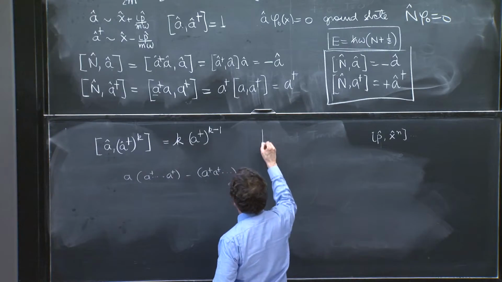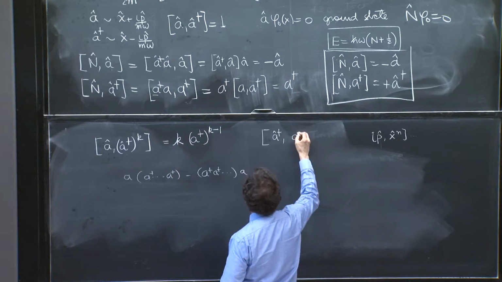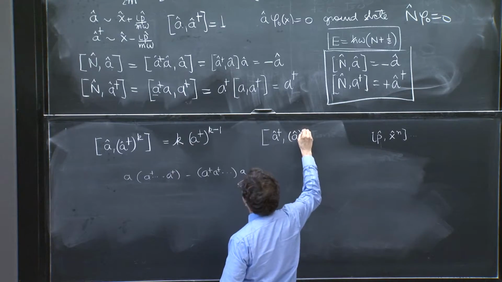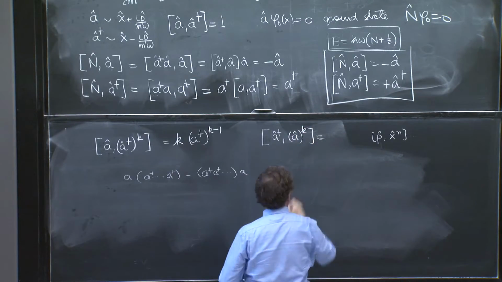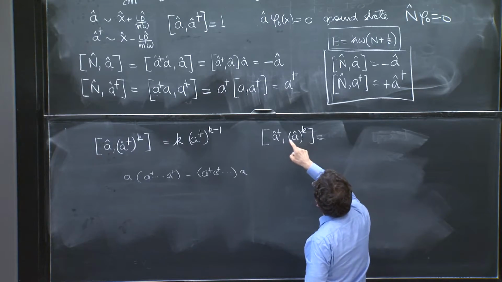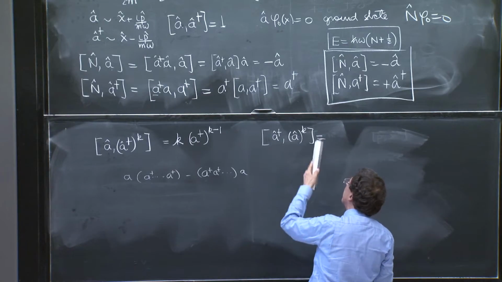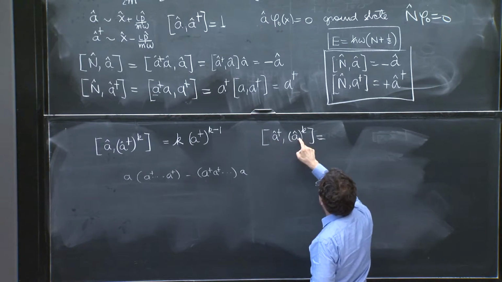And there's also A dagger with A to the k. If you had just one of them, you would get a minus sign, because A dagger with A is minus 1. But the same thing holds.